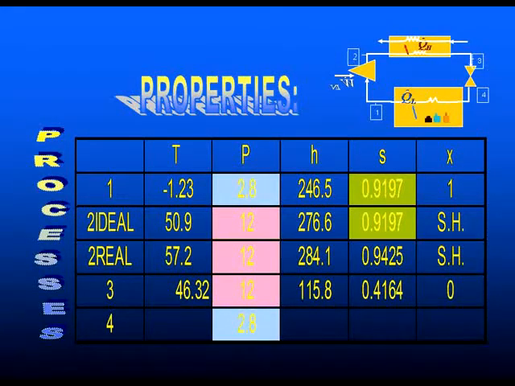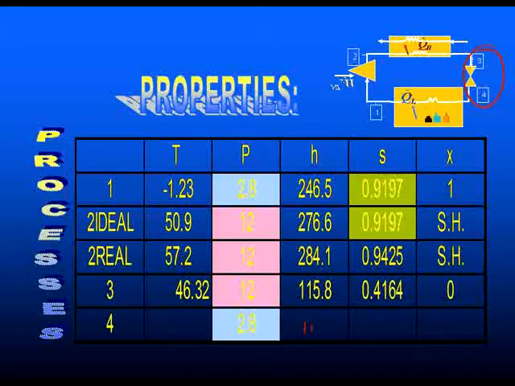Continuing on, we have our property process table now filled out all the way through state 3. From state 3 to 4, we're going through the valve, and in the valve we have constant enthalpy.